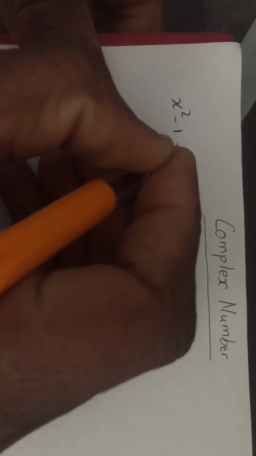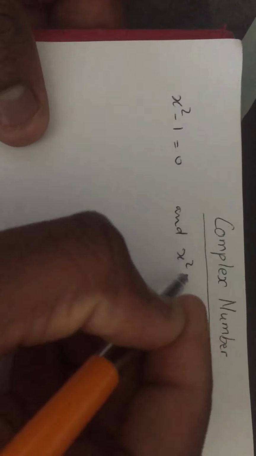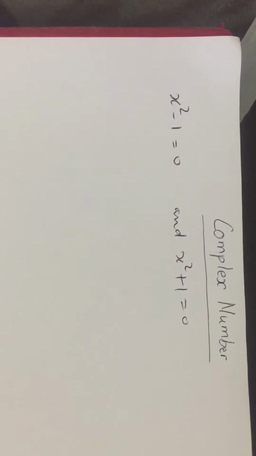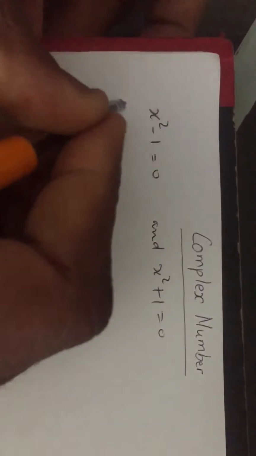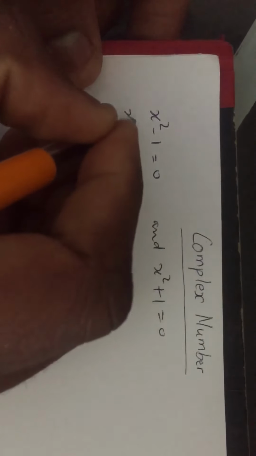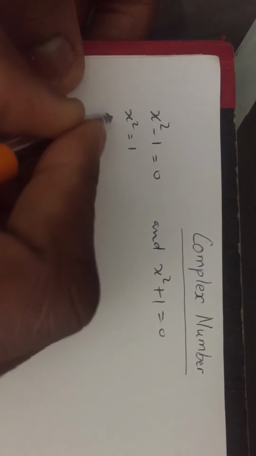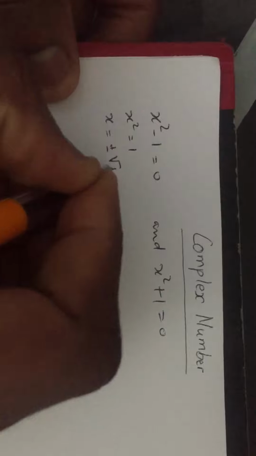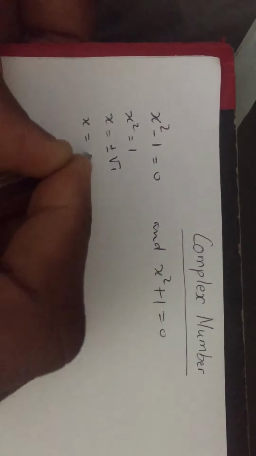First of all, you have to know why they introduced complex numbers. If I have an equation like x squared minus 1 equal to 0, and for instance x squared plus 1 equal to 0, and they tell you to solve this, obviously here x squared equals 1, and then x will be equal to plus or minus square root of 1, which is x equal to plus or minus 1.